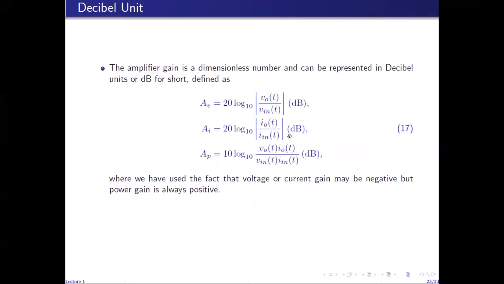So that power 2 can be taken outside, and this 10 will become a 20 again. Similarly, V naught can be expressed in terms of I naught, and V in can be expressed in terms of I in, so that we again have a ratio of squares of current values. So that square power can be taken outside again, and this will become 20. So which is why we put a factor of 10 here when representing the power gain like this.